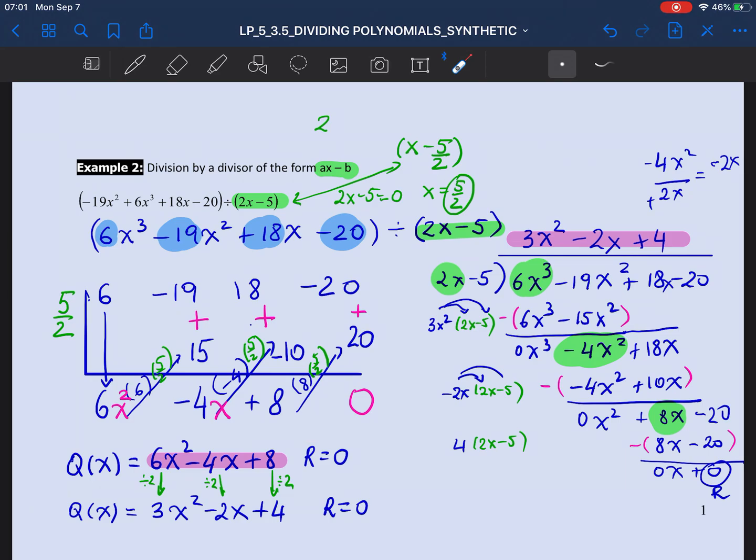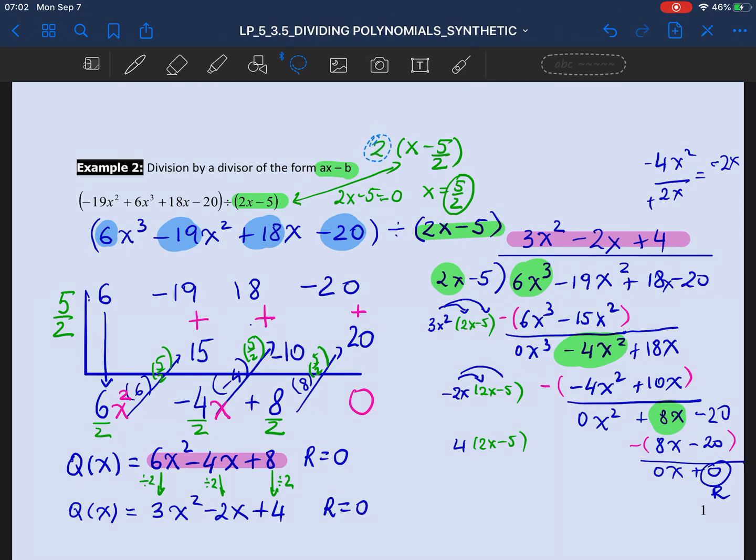So when we use synthetic division, in cases when the divisor is in the form ax minus b, whatever quotients we obtain at the end must be divided by the coefficient a, or in our case, number 2 here. So we must divide them all by 2 before we make a decision on what the quotient is. So the method is still valid.